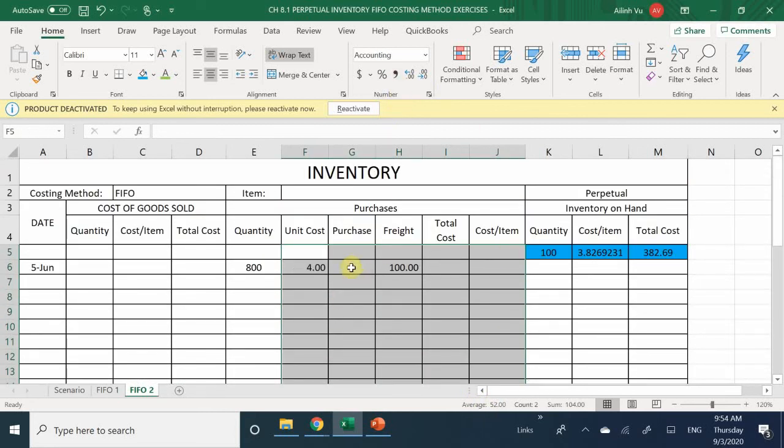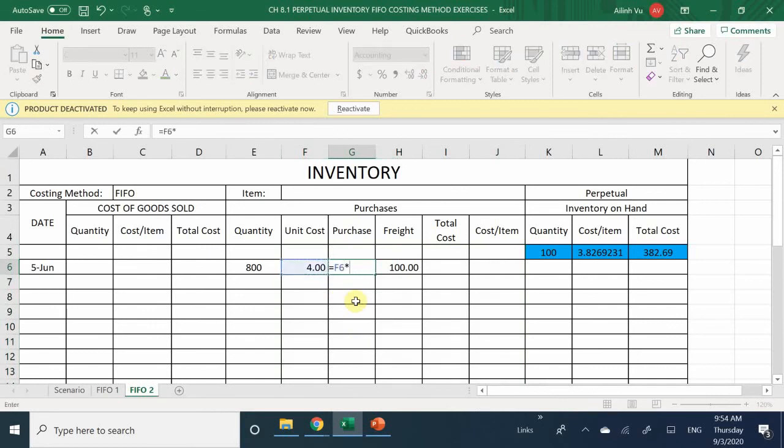There you go. Okay, so I'm going to multiply them across. So what is my answer here? 3,200. And what's my total cost? 3,300.